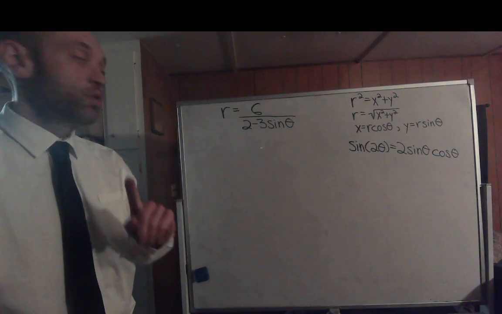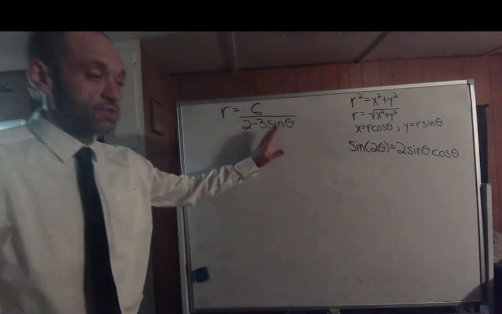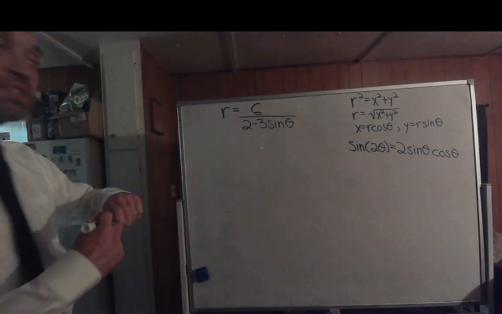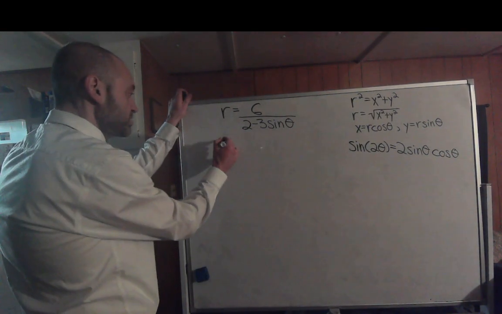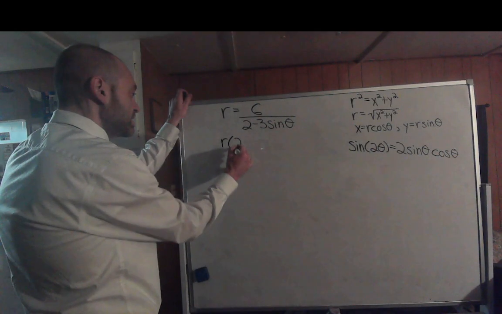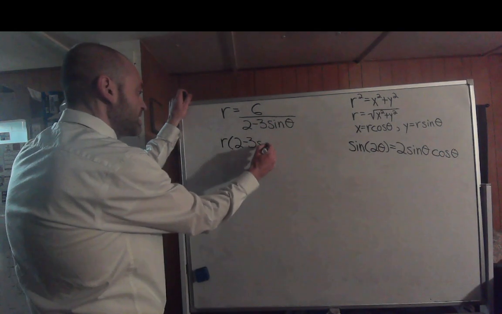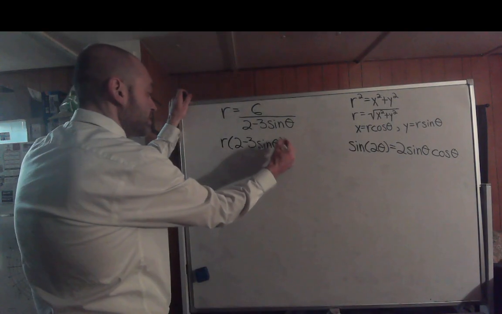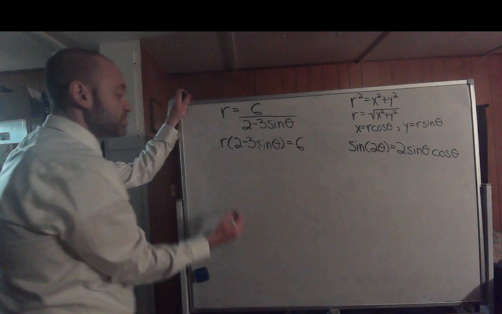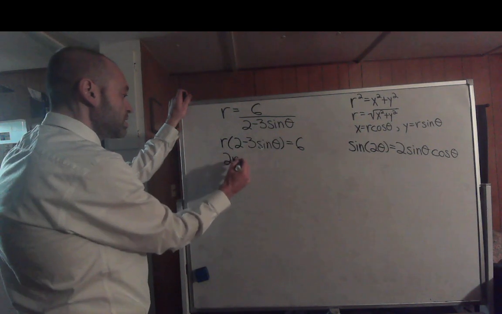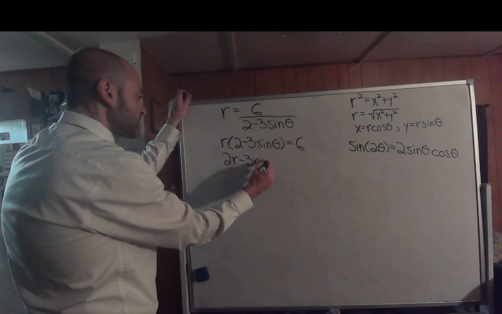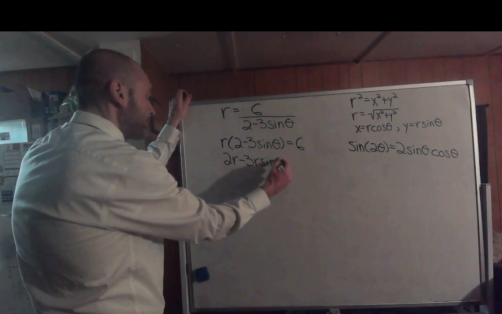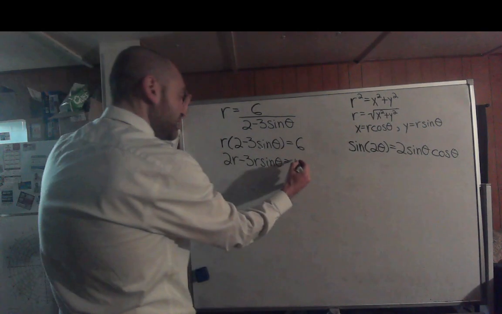You're going to approach this the same way. Get rid of your denominator by multiplying both sides by the denominator. So this would turn into r times 2 minus 3 sine of theta, that's going to equal 6. So this would turn into 2r minus 3r sine of theta is equal to 6.